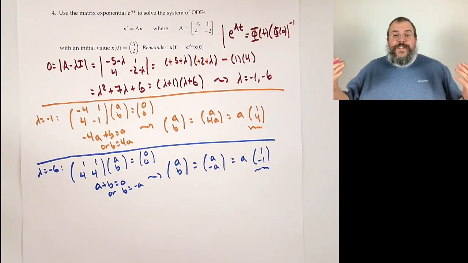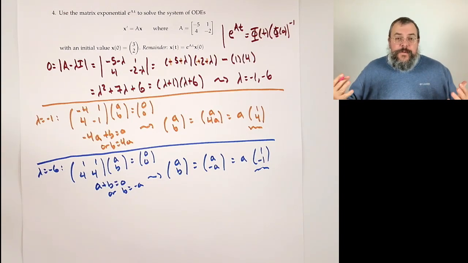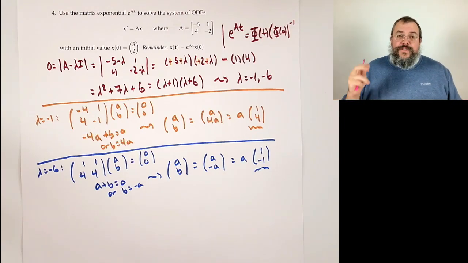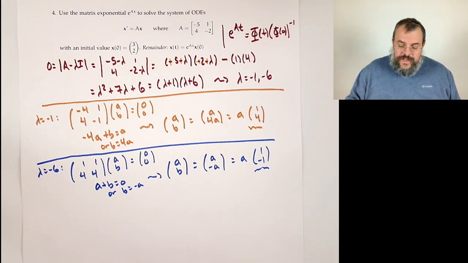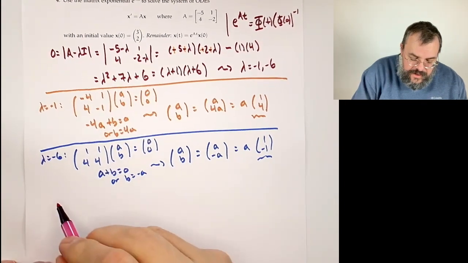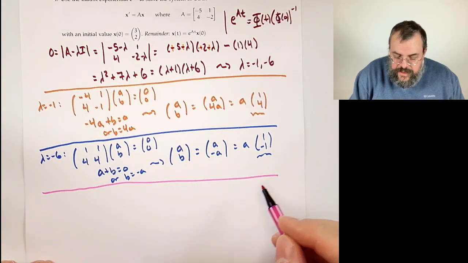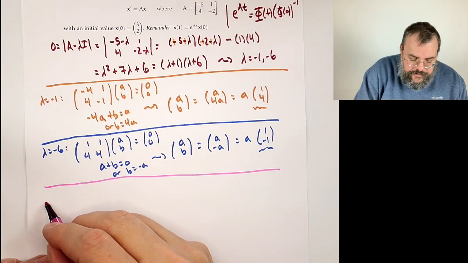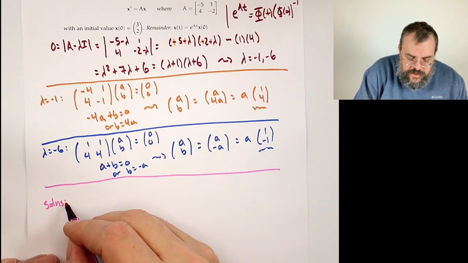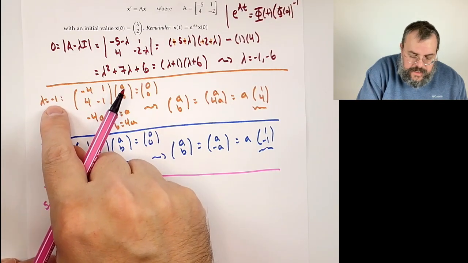But now, say, what have we really done here? What we've done is we've actually found 2 solutions. And in particular, what we can say is the solutions are e to the eigenvalue t times the eigenvector.